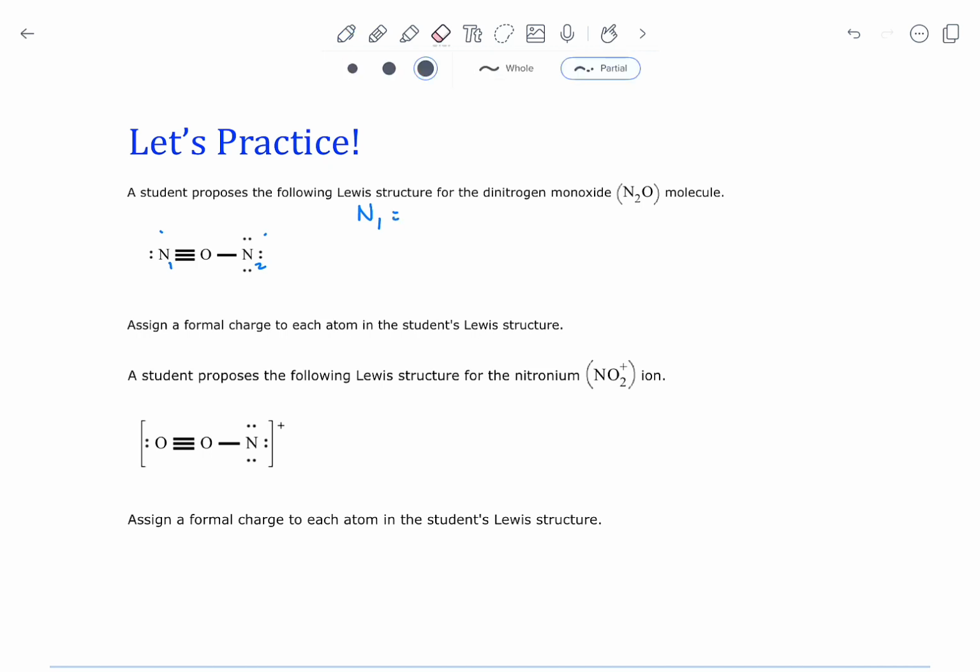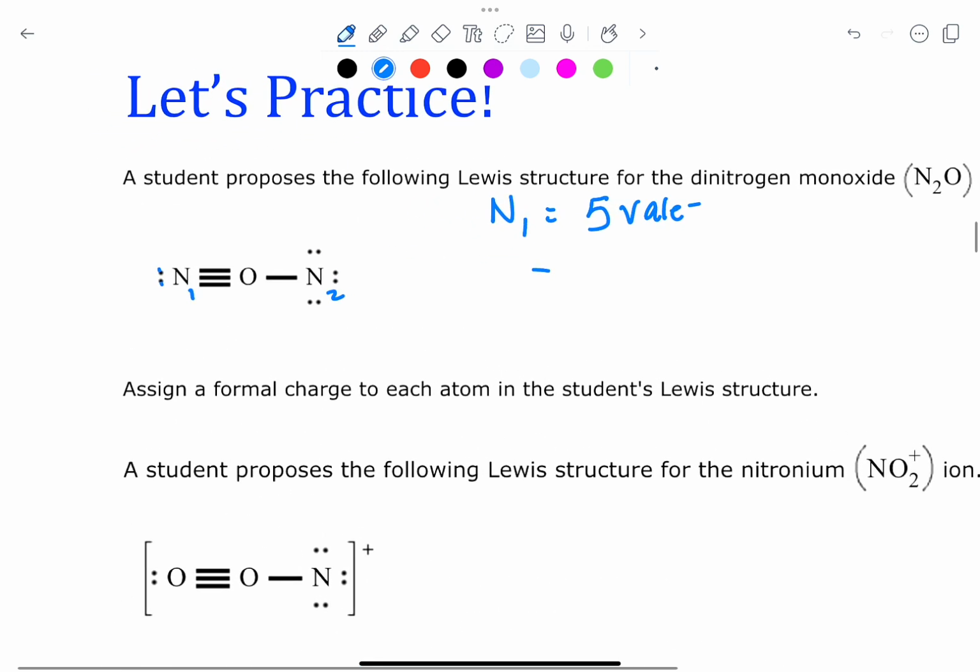Okay, nitrogen 1 has 5 valence electrons. Thinking about oxygen from our last problem, nitrogen has 5 valence electrons. We're going to subtract from that our associated electrons. Let me zoom in so we can see that structure a little bit closer up. We have 1, 2 electrons in lone pairs.